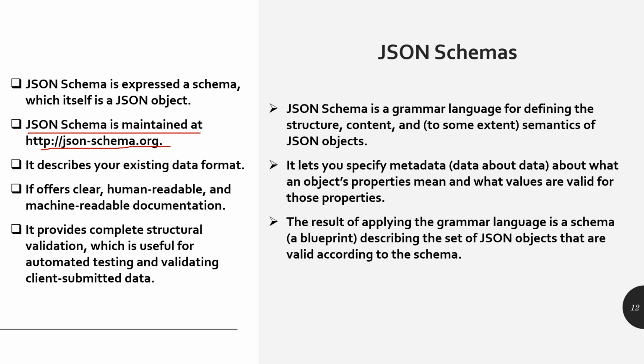It provides complete structural validation, which is useful for automated testing and validating client submitted data. So this is very important, for we cannot go and check each and every line. So system should do this whole thing. How it can be done? This is the way we need to proceed for that. That is what's specified by means of JSON schemas. Now we will see how that can be implemented and all.